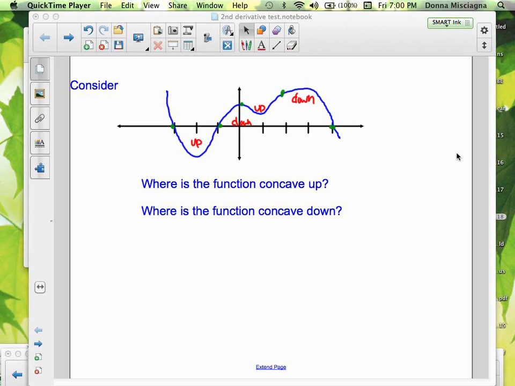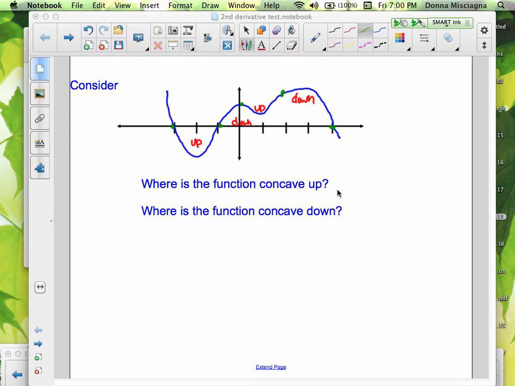And so we're concave up, right, where the function is open upwards, like a cup. So that would be from -3 to -1. Right, and then it's concave down from -1 to maybe a little bit more than 0, or maybe at 0.